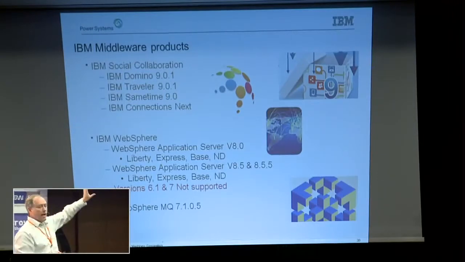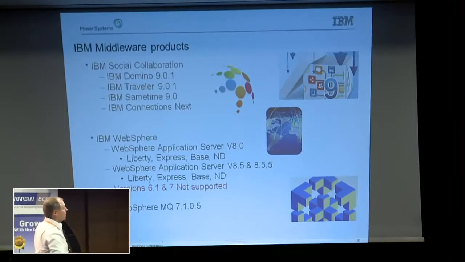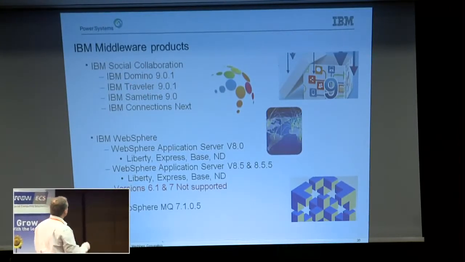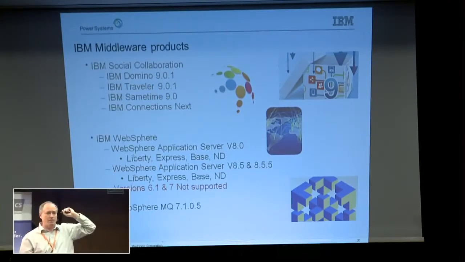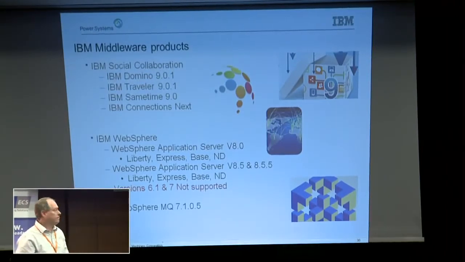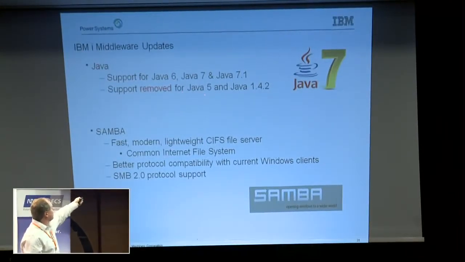The list of other applications, if you use Lotus products today, they're still all supported. IBM just took out the word Lotus. If you have WebSphere products, you need to be aware WebSphere 6.1 and WebSphere 7 do not run on IBM i 7.2. Java. We have removed support for Java 5 and Java 1.4.2.